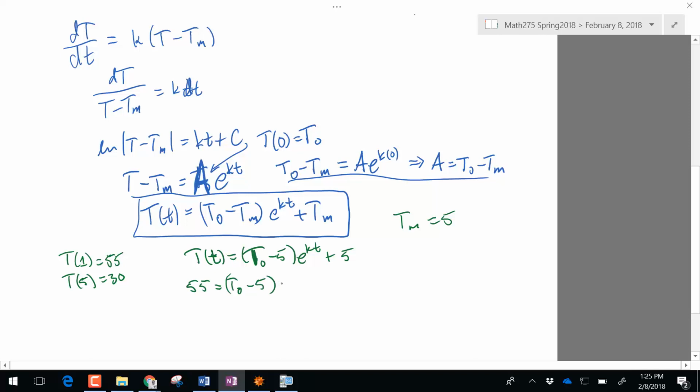So that's 55 is equal to (T naught minus 5) e to the k times 1 plus 5. And then in 5 minutes, it's 30 degrees. So T of 5 is equal to 30: (T naught minus 5) e to the k times 5. That's 5 minutes.